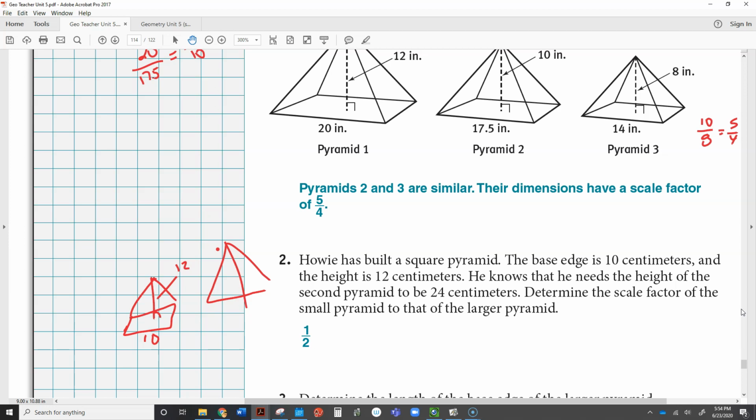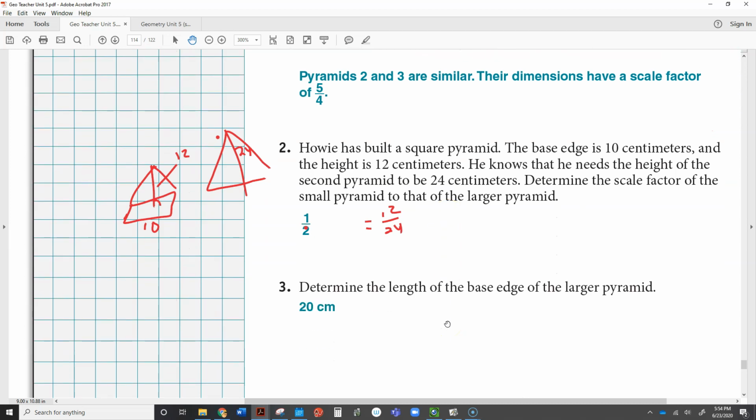So there's where they put 12 over 24, and that reduces to 1/2. Determine the scale factor of small pyramid to the large pyramid. Determine the length of the base edge. So you take 1/2. This is from the small pyramid. So 10 is from the small pyramid. Then what's going to go down here? You cross multiply and you get 20.